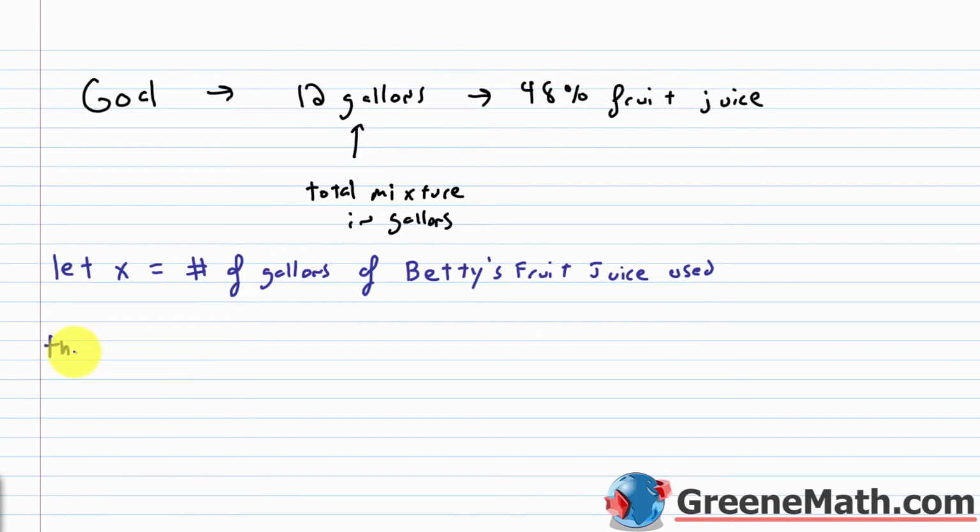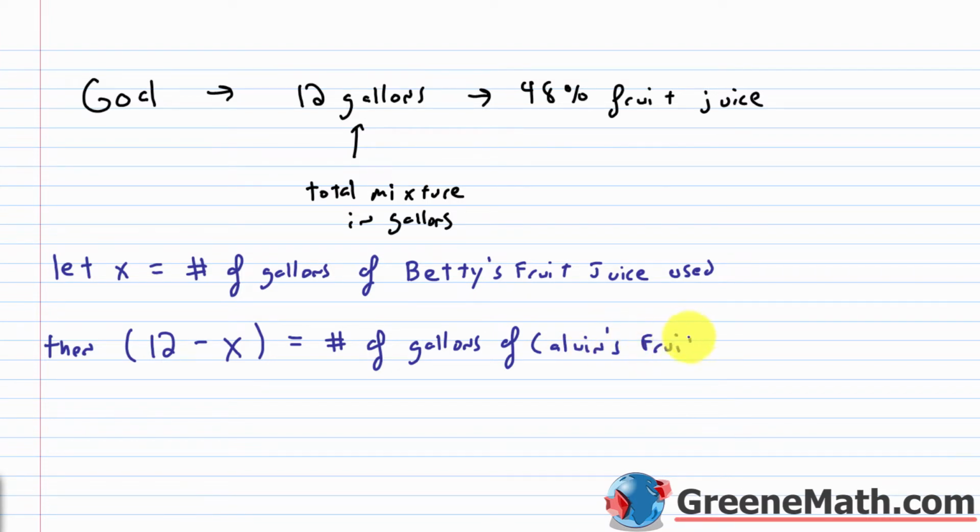So then, if this is in terms of gallons and it's the whole amount we're using, remember the total mixture is 12 gallons. So whatever I use here can be subtracted away from 12. In other words, if I had 12, the total number of gallons from this mixture in the end, minus X, the number of gallons we're using from Betty's fruit juice, that's got to give me the number of gallons of Calvin's fruit juice used.